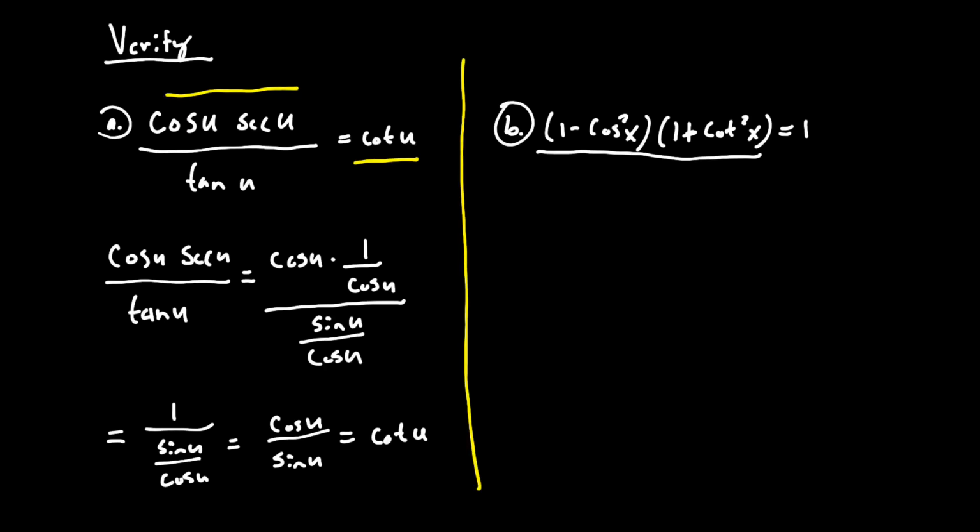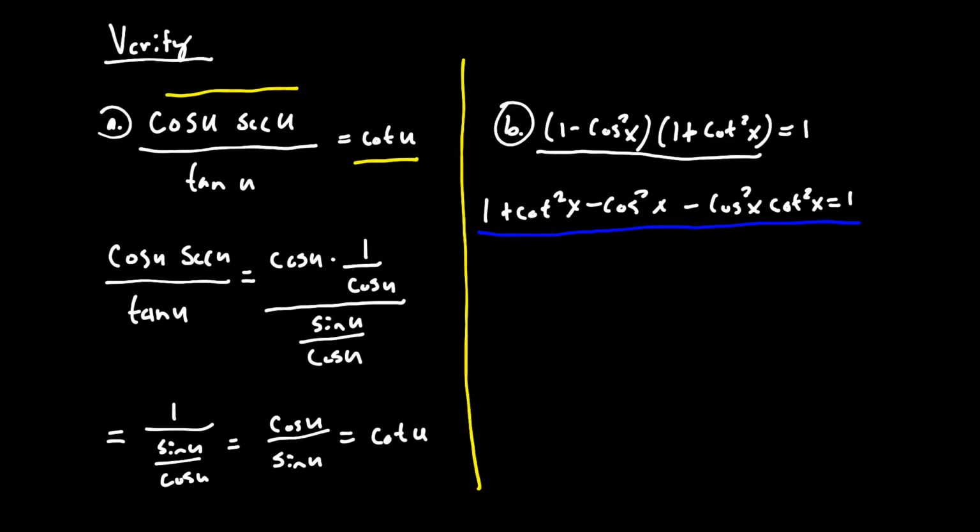So let's go ahead and FOIL out the left-hand side, and we should get that this is going to be 1 plus cotan squared x minus cosine squared x minus cosine squared x times cotan squared x. Now, while we've done nothing wrong yet, it doesn't look like this will be a very simple way to verify that this is a trig identity.